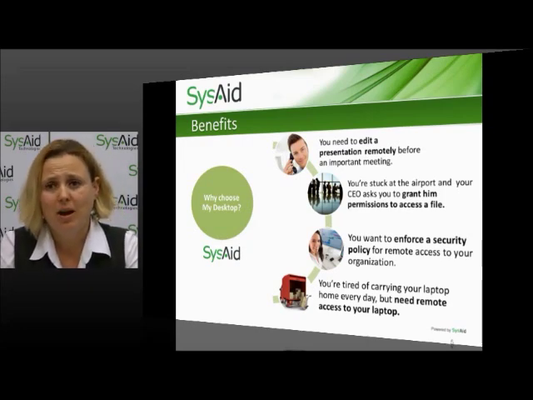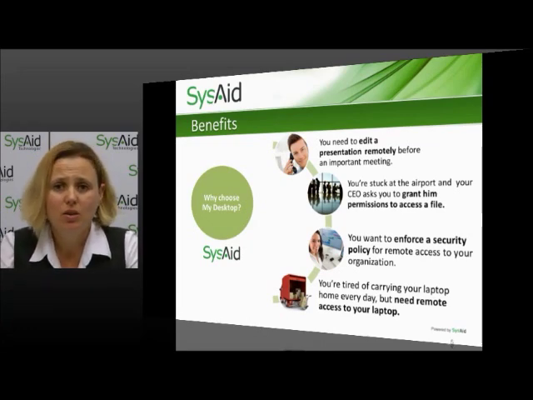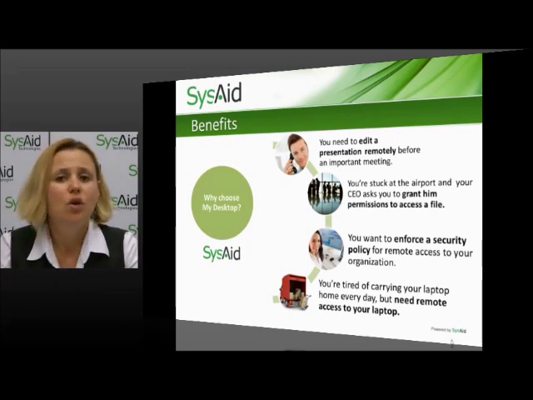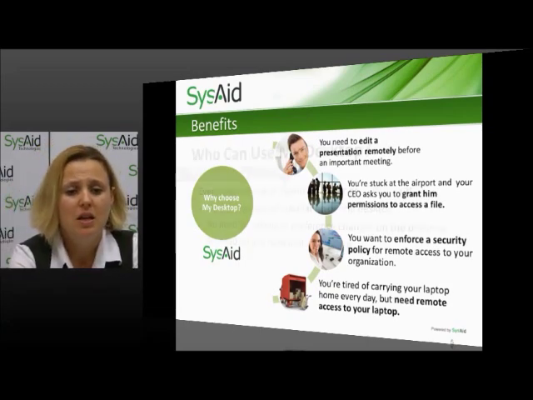SysAid My Desktop asset only requires you to open a browser or use your end user portal and access your computer from anywhere. Even if you went to any kind of party or coffee shop, simply log in to your end user portal and remote control to your desktop, and it's very, very easy.